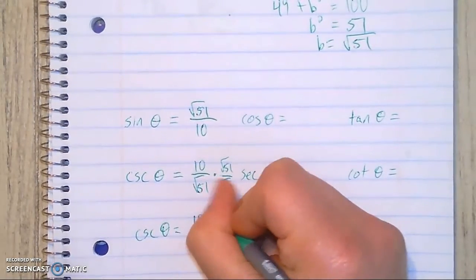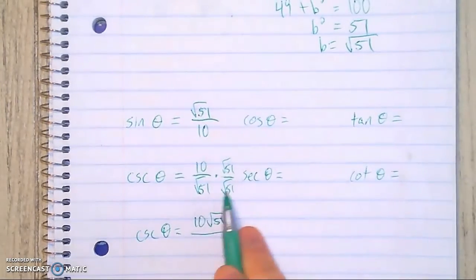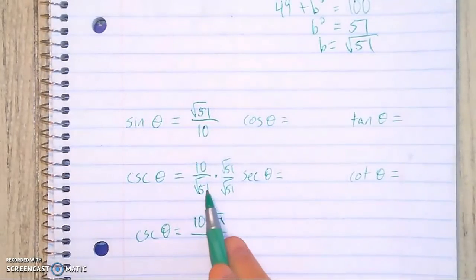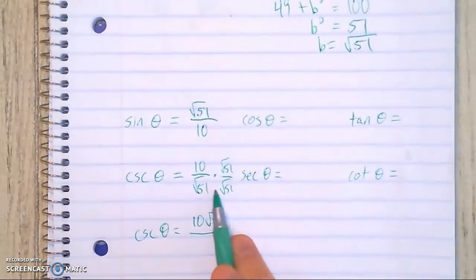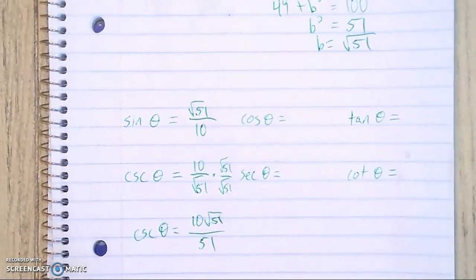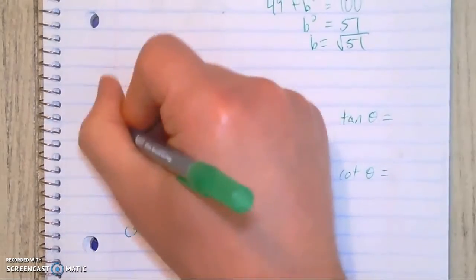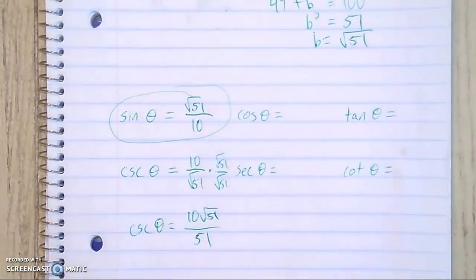You can just stick them together. While in the bottom, the radical 51 times radical 51, whatever's underneath the radical being multiplied by itself comes out, so it just goes over 51, no more radical. If 10 over 51 could be simplified, I would do that, but it does not get simplified, and so we stop right there.